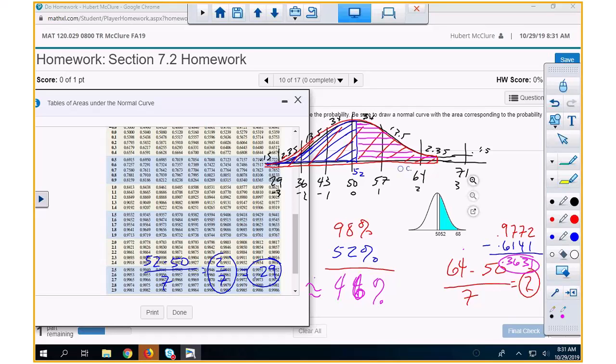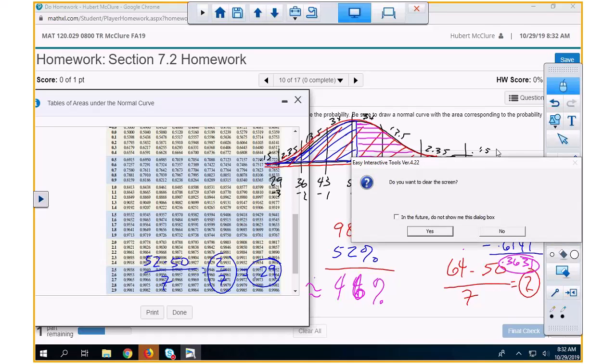Now let's do your calculator. Okay, which calculator function do we use? Normal CDF.